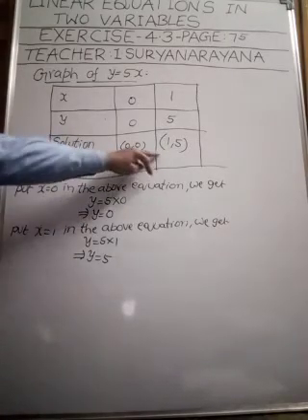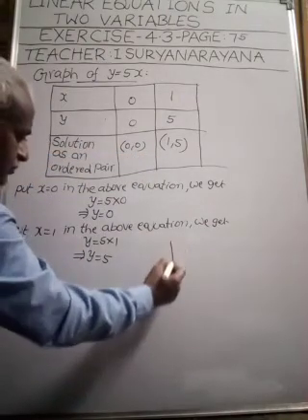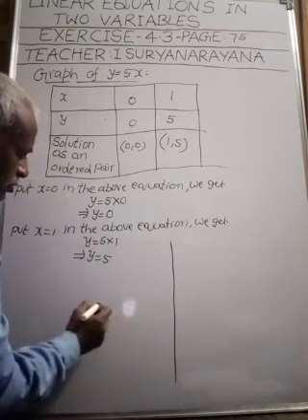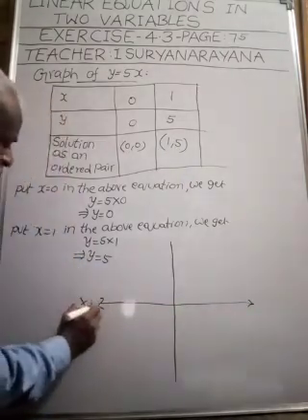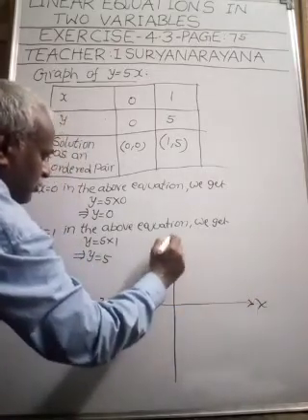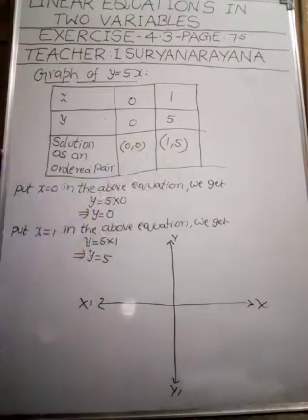Now let us plot these 2 ordered pairs in the graph sheet. Okay, my children. Do you remember how to draw the graph of a linear equation in two variables after getting the points?